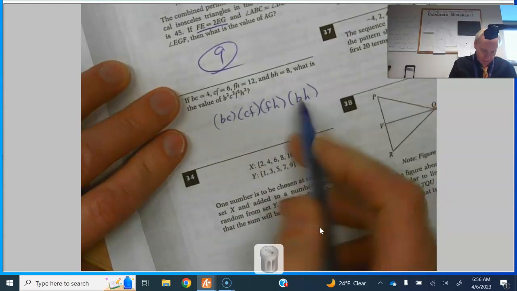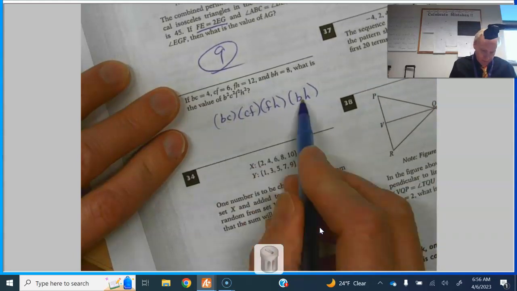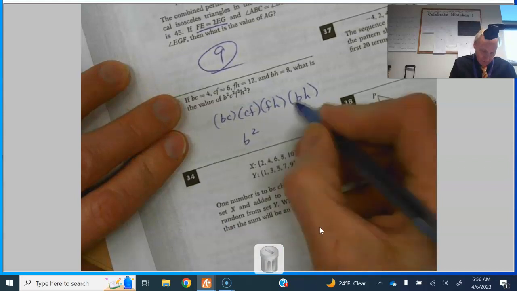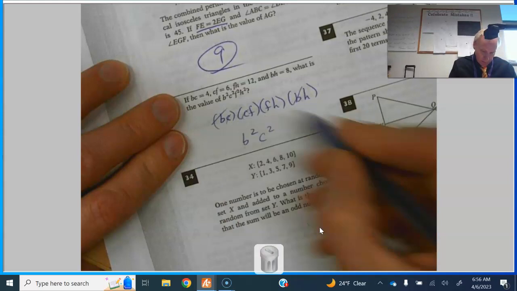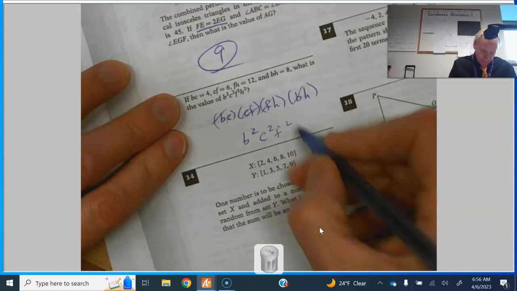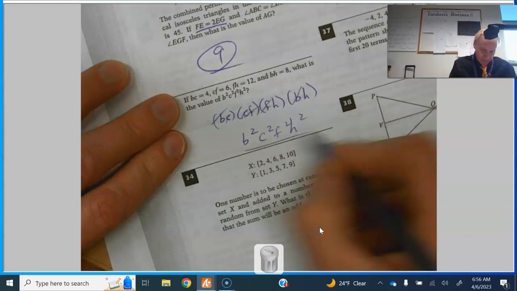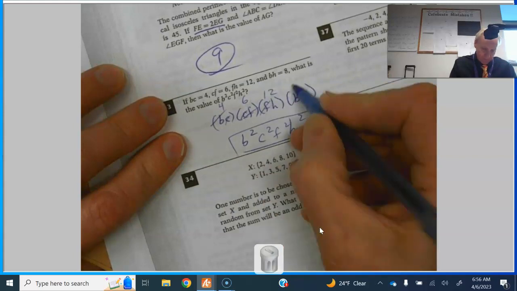Now, I don't know for sure this is going to work out the way I want it to, but take a look. I've got B times B is B squared. I've got C times C, which is C squared. I've got F times F, which is F squared. And H times H, which is H squared, which is what I'm looking for. So I'm going to take 4 times 6 times 12 times 8.